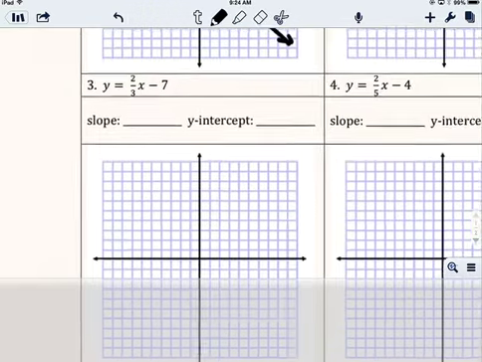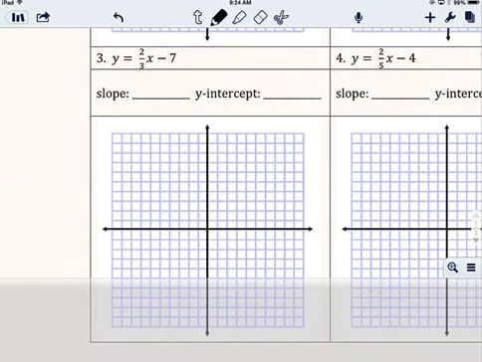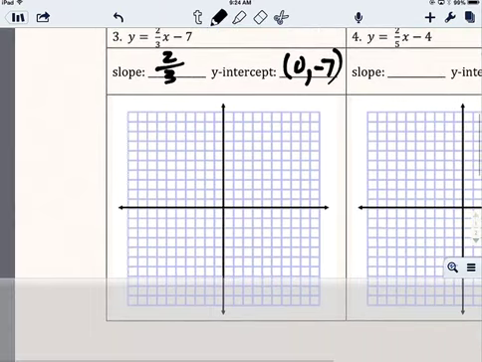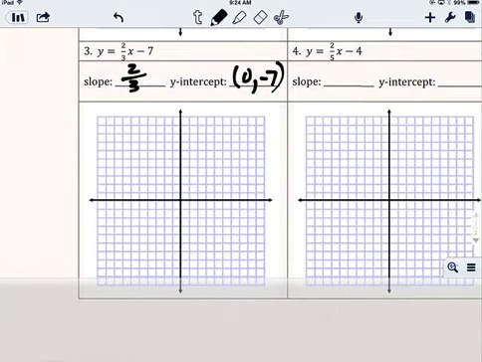Let's go ahead and look at the second one. So 2/3 x minus 7. The coefficient there is 2/3, so I'll write that as the slope, and the y-intercept is the constant, so it's (0, negative 7). I'm going to go through this one in two different ways. The more efficient way I'll do second, but let's go ahead and make an XY table here.